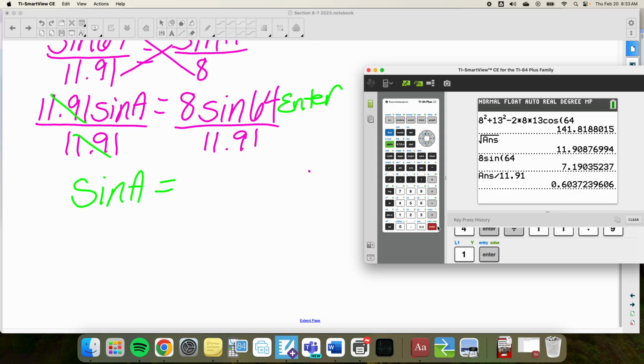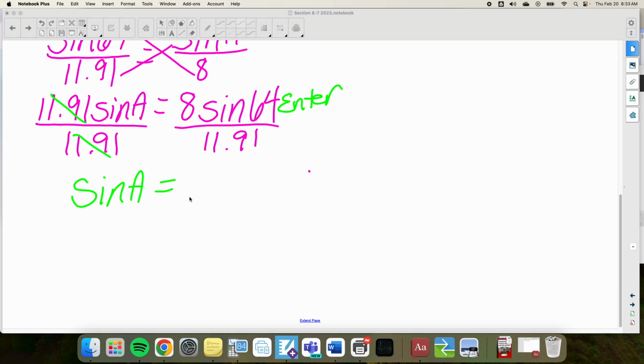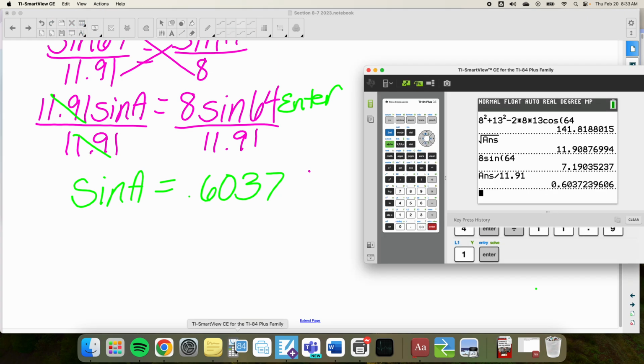Okay, that is not an angle. It's too small. You'll never get an answer for an angle that's less than 1. That number right there, whatever it is, is the sine of our angle. How do we then find our angle if that's the sine? Second sine, absolutely. So again, to get your most accurate number, you're going to go second sine, and then we're going to pull this number down there.